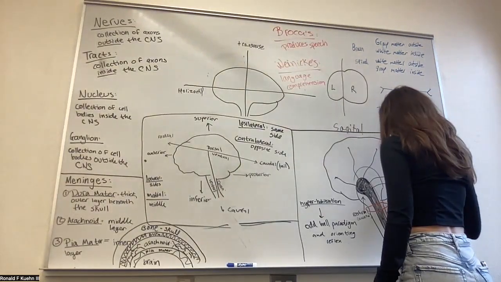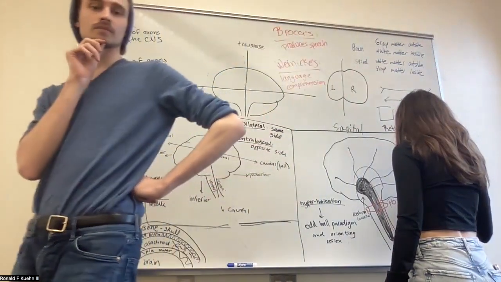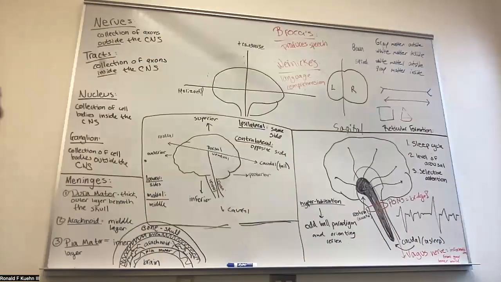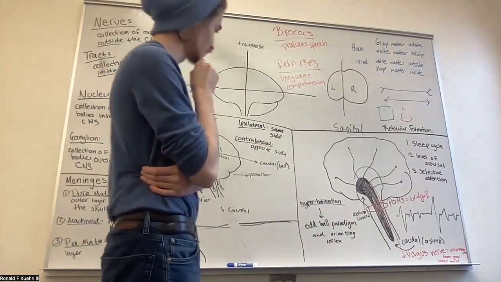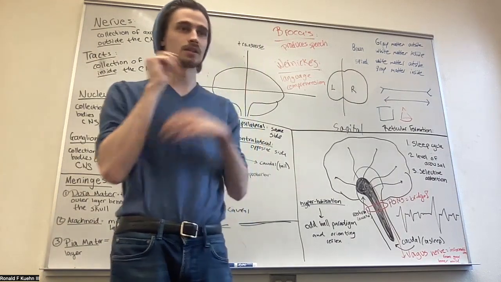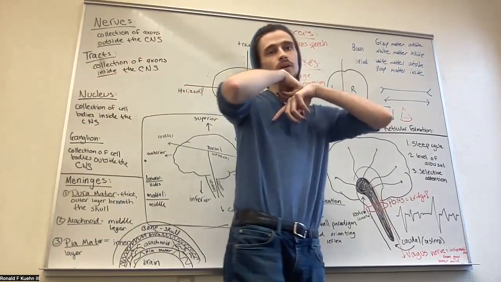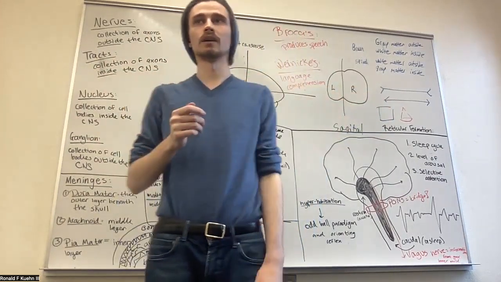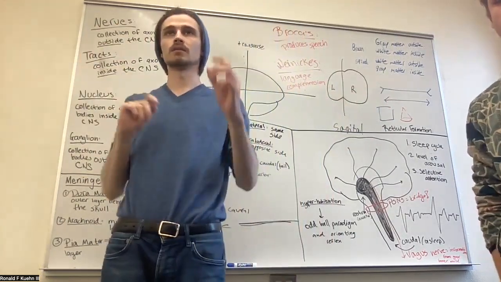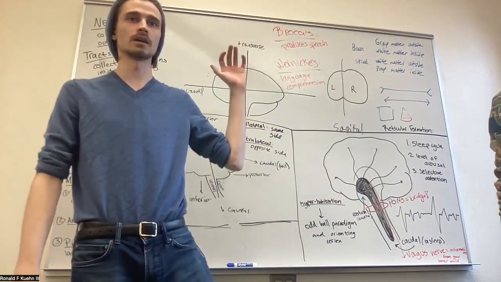Descending motor axons. Yes, the pons is also the area where your descending axons cross over. Say you want to move the left side of your body.